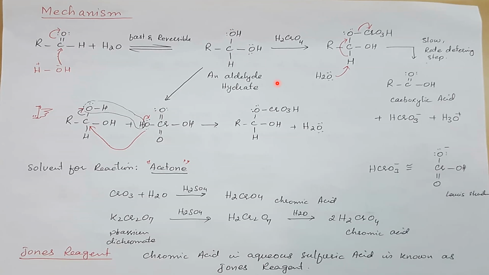Now there is a chromic acid, H2CrO4. What happens when we add the chromic acid here? The chromic acid we are using is in a solution format. This is an acidic solution, and for the acidic medium we use sulfuric acid, or even HCl can be used for the acidification or the workup of that reaction.